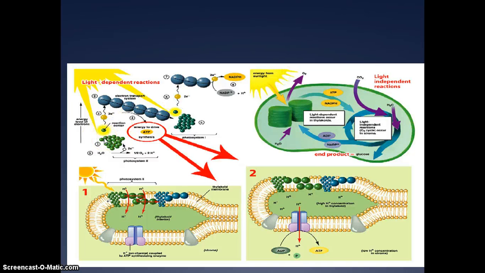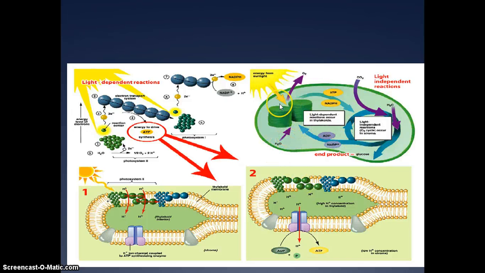So right here we have splitting of water, oxygen is released, and electrons are picked up by the electron transport chain. NADPH is formed, which in turn produces ATP, which plays a role in the light independent reaction.